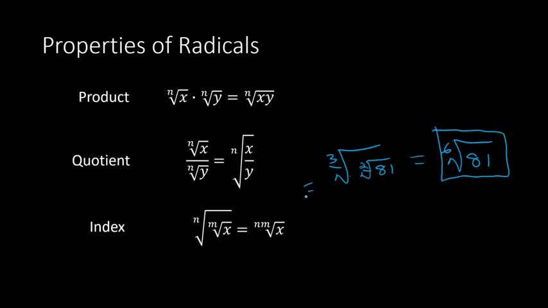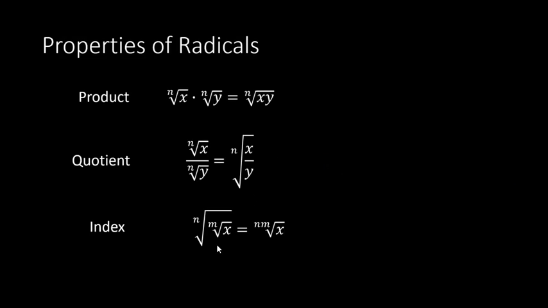Now if you're wondering why this is true, let's take a moment to explain. If we have this expression, remember we can write this with a fractional exponent. So this can be written as x, and then this would be an assumed 1 as your numerator, and m would be your denominator.